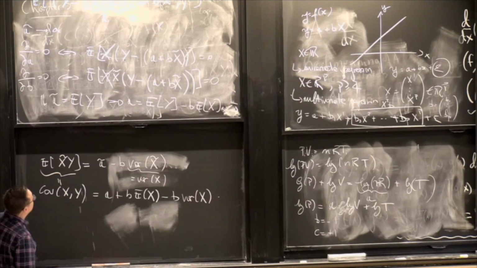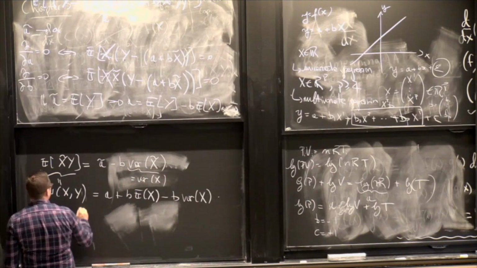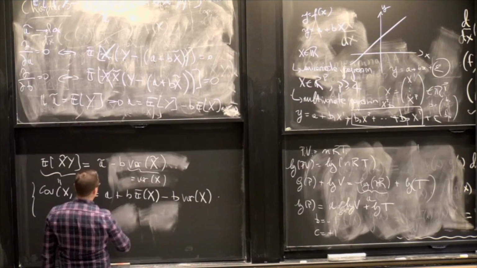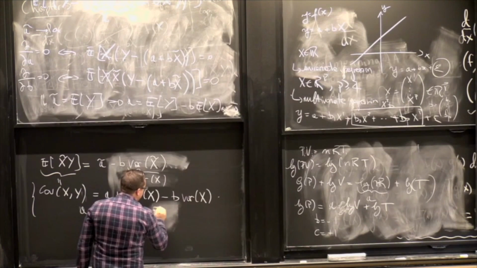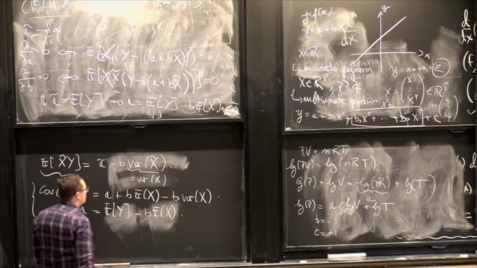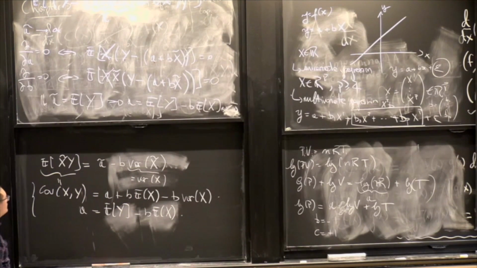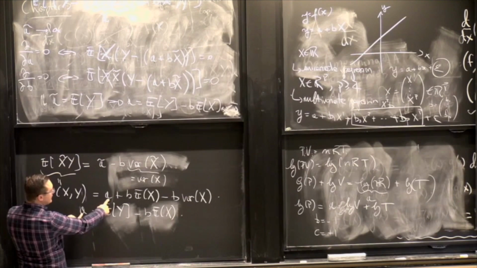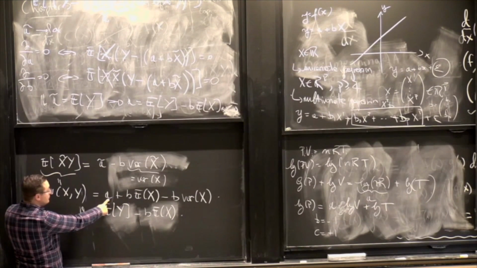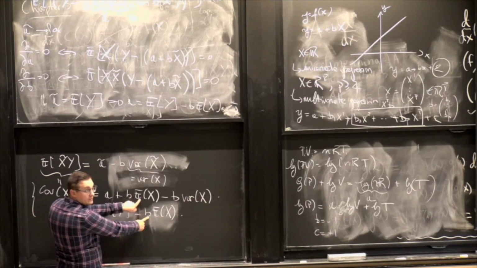And I also have that a is equal to expectation of y minus b expectation of x. OK, so if I sum the two, those guys are going to cancel.